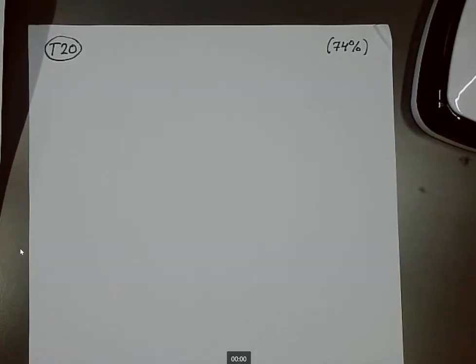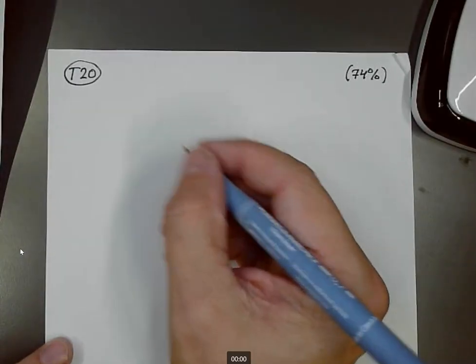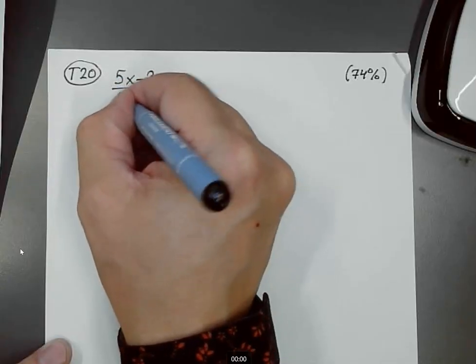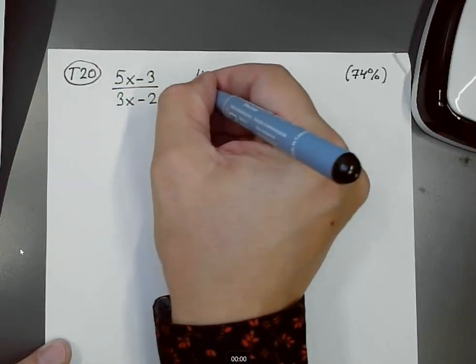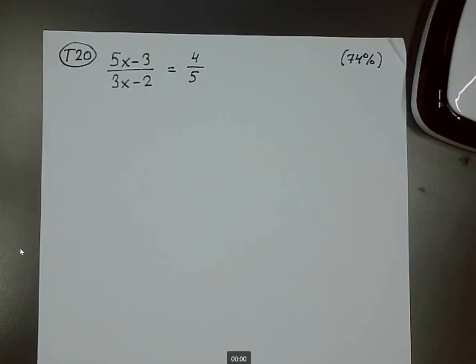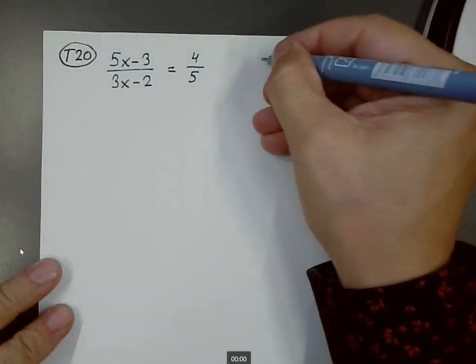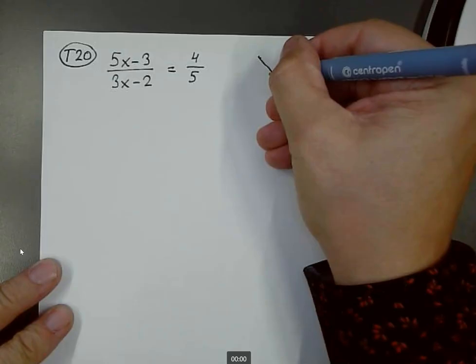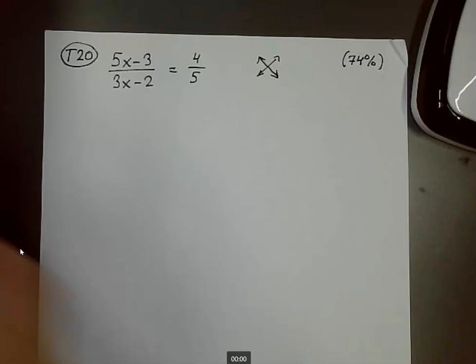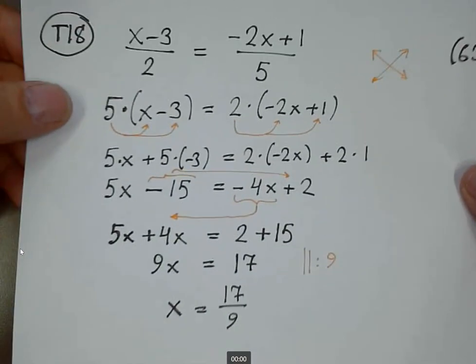And in this problem 20 we have almost similar situation. It is written like this. And in this problem, this cross multiplication is a good way to solve. I guess it is the best way. If we compare to problem 18, I will show it from yesterday's paper.